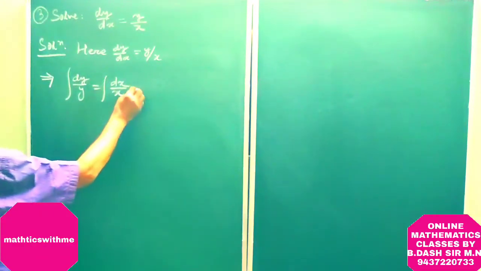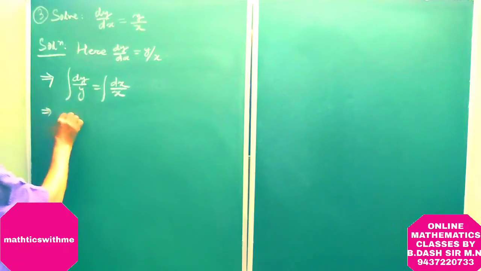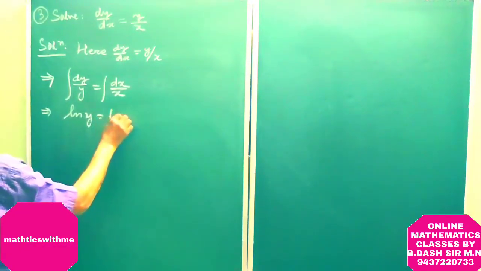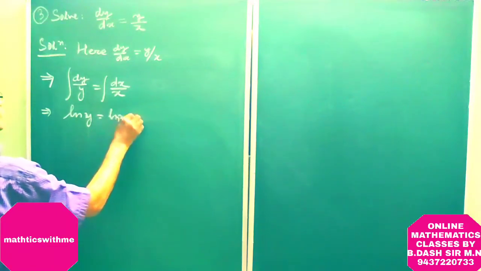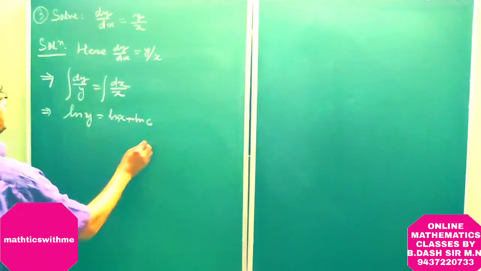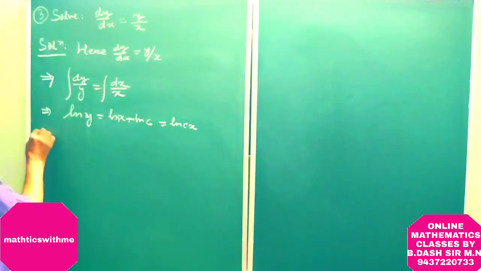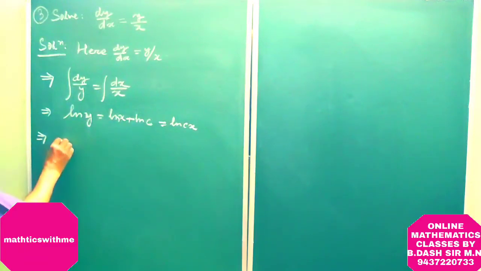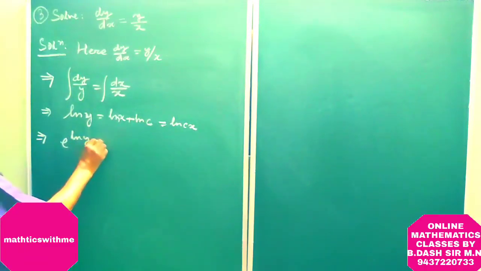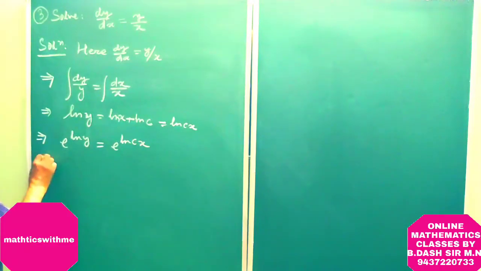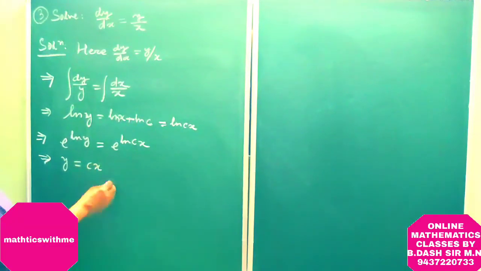Now integrating both sides, we get ln y is equal to ln x plus ln c, which is equal to ln cx. Taking exponential of both sides, we get e to the power ln y is equal to e to the power ln cx. So y is equal to cx.